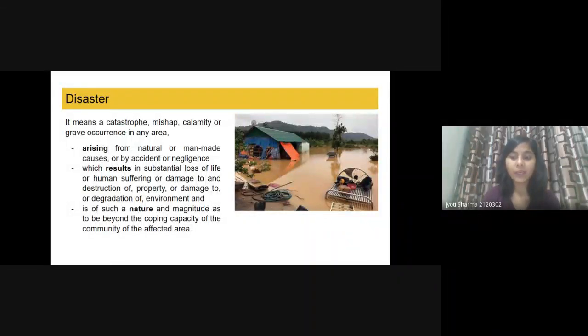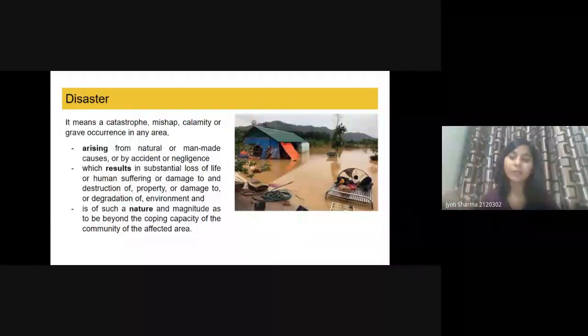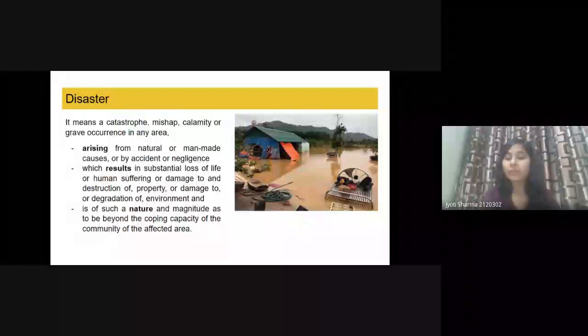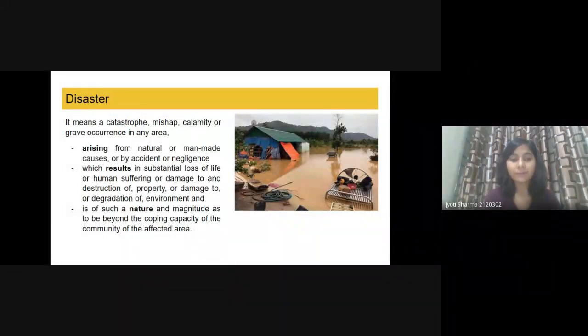But if a tornado comes in India, it will be a disaster for us. Whatever the background condition, social condition and capacity we have, based on that we identify whether it is an event or a disaster event, right?